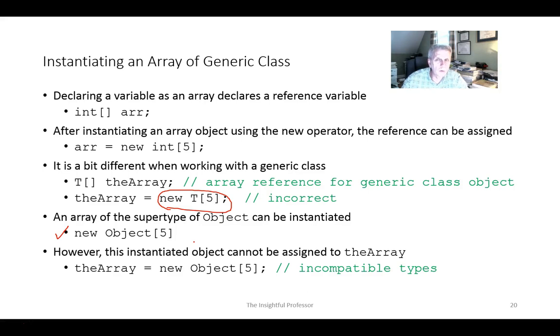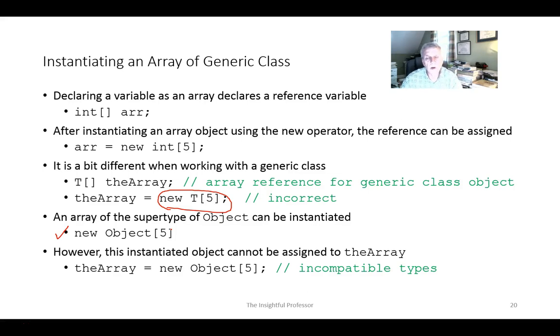We can create an array of object. We can create a reference variable to an array of our base type for the type parameter, but we cannot assign the reference to one data type to a reference variable that's designed to point to another data type. Just doesn't work.